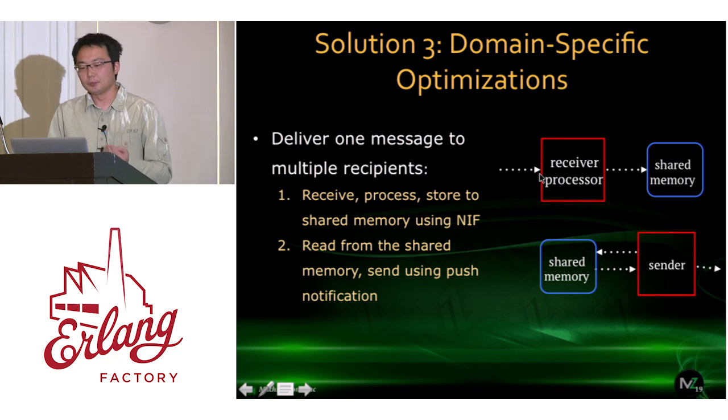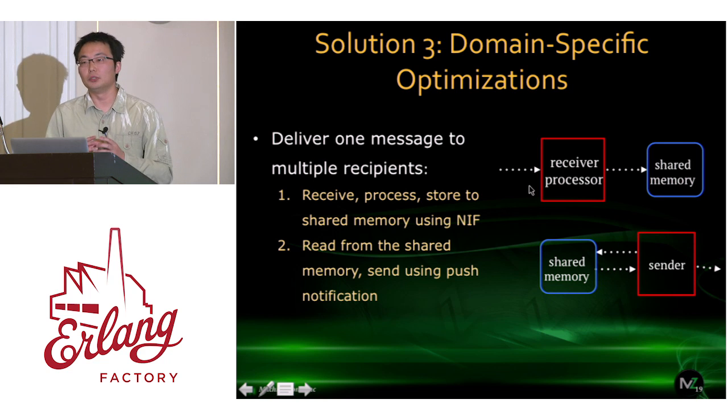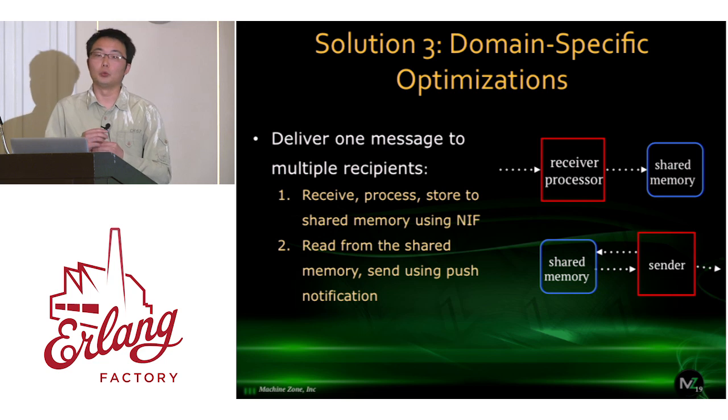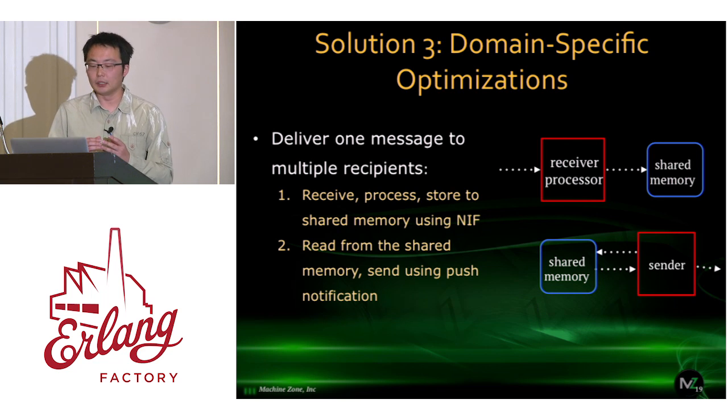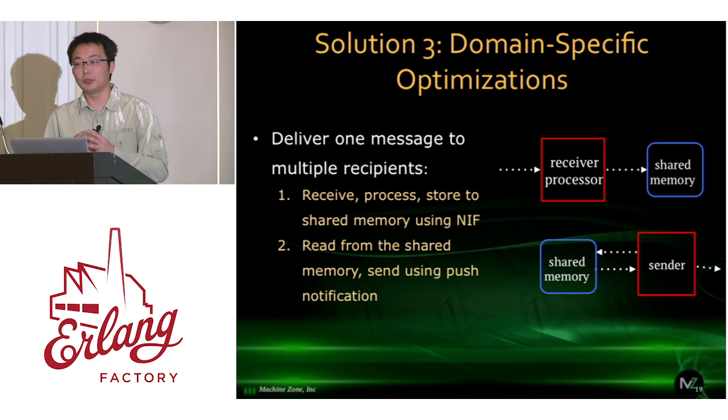For the sender side, we have a process receive all the requests. We do some processing, and after we get the result, we put it into a shared memory data structure, which is lock-free.